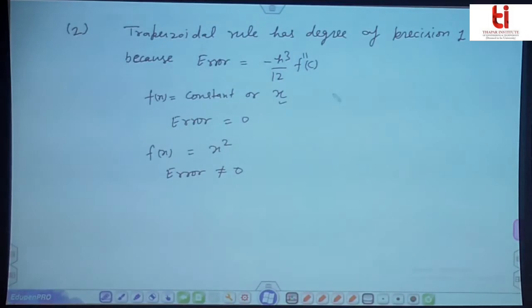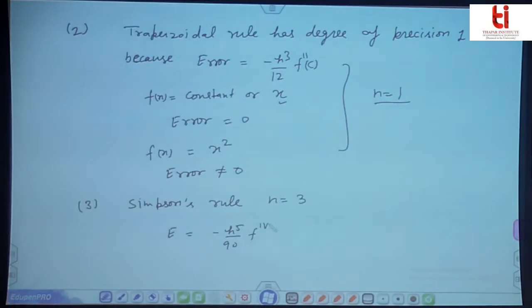So that's why the degree of precision for the trapezoidal rule is 1. And for Simpson 1/3 rule, the degree of precision is 3. Why? Because the error formula contains h5 upon 90 f4 of c.